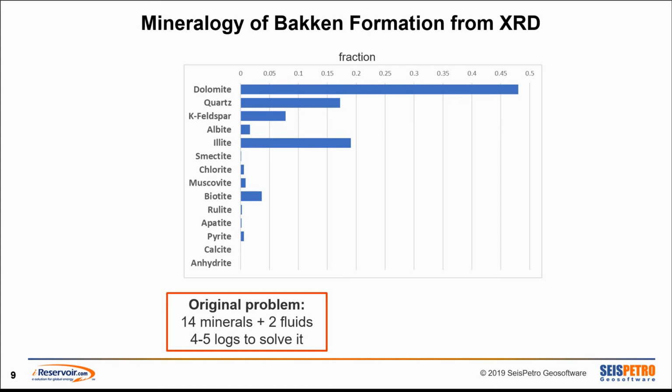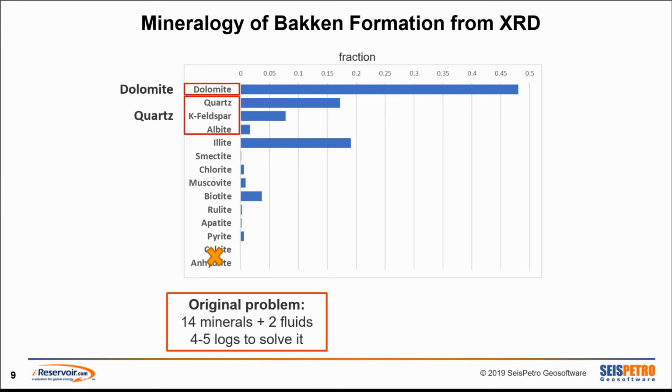So what we do is that we go back to the histogram and identify the relative importance of the different components. First, we eliminate the components that don't have a significant presence in the rock, in this case, the calcite and anhydrite. We go to the top end of the histogram, and we keep the most important mineral in this rock, which is the dolomite, because we're going to model that separately. Then, still we have too many minerals, so we group the remaining minerals if they have something in common.